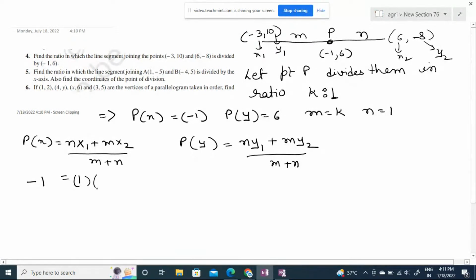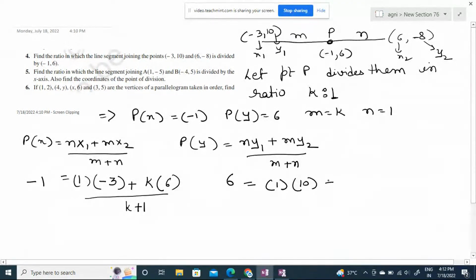Now n becomes 1 and Px is -1. So 1 into, in place of x1 we write -3. Now m becomes k. In place of x2 we write 6, over k plus 1. Similarly, here we get 6, value of n is 1, value of y1 is 10. In the m we put k, and the value of y2 is -8, over k plus 1.